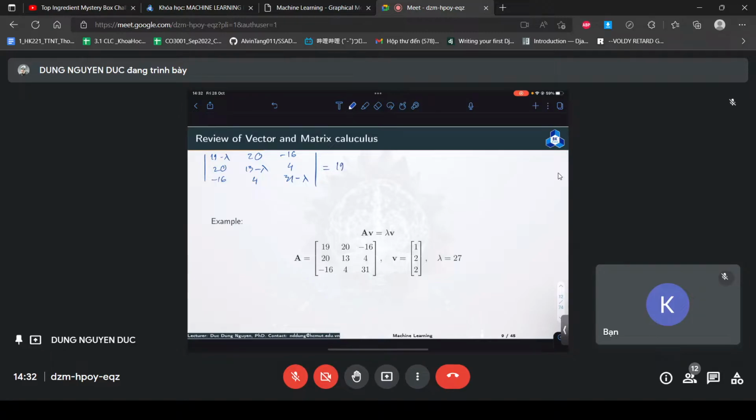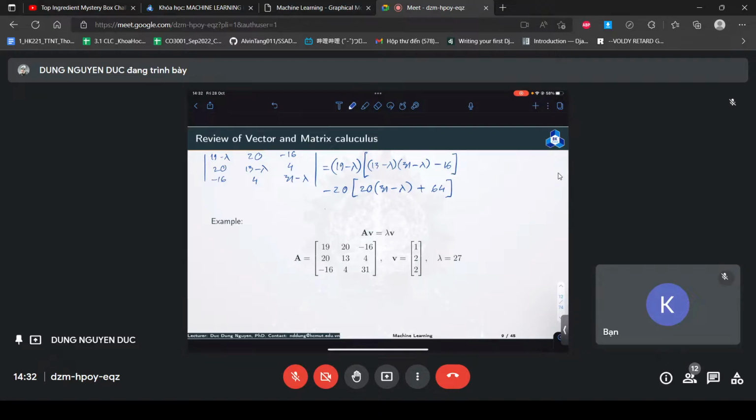This will be 19 subtract by lambda multiplied with 13 subtract by lambda, multiplied with 31 subtract by lambda, subtract with 16, and then you have to subtract with 20, and what you have inside is 20 of 31 subtract with lambda, subtract with, oh no, plus 4 6 24 64, like this, and plus, oh, let's give you 16, right? Yeah, that's right.